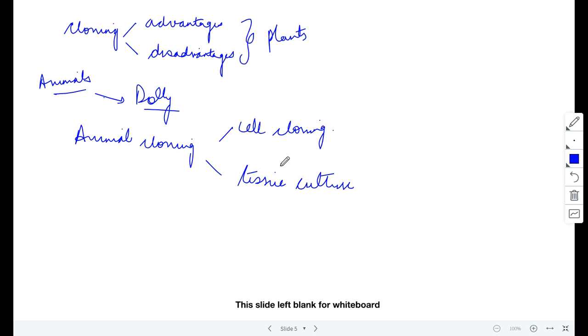So now that also is done by cloning only. Now how it is done? They are going to take the cell or the tissue, some part from their body only. Suppose a burn victim is there. Now doctors are going to take a tissue of that burn victim, and then it is going to grow in the laboratory in a very sterile method.